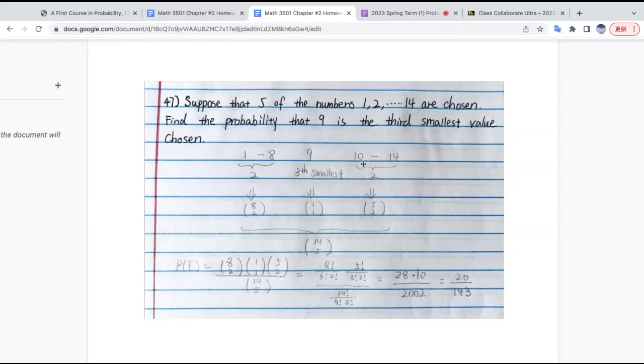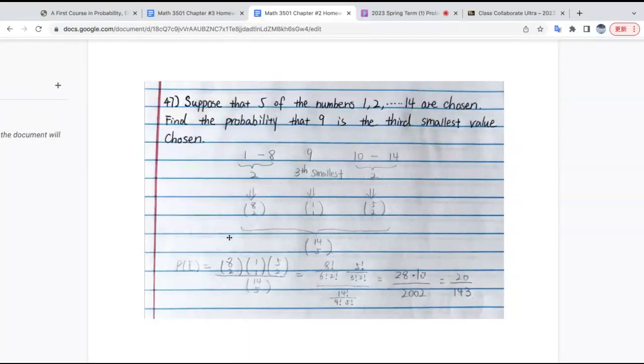So we need to choose two numbers from 1 to 8, which is 8 choose 2. Then 9 itself is 1 choose 1. Then we still have two numbers left, chosen from 10 to 14, so it's 5 choose 2.